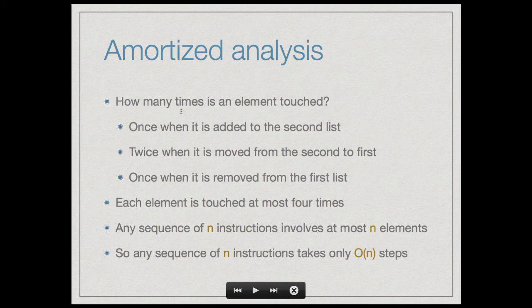And this element is touched once when it is removed from the first list. This is when we DQ from the first list when this element was at the head. So therefore, each element is touched at most 4 times. Now, any sequence of n instructions involves at most n elements, and therefore, any sequence of n instructions takes only order n steps.